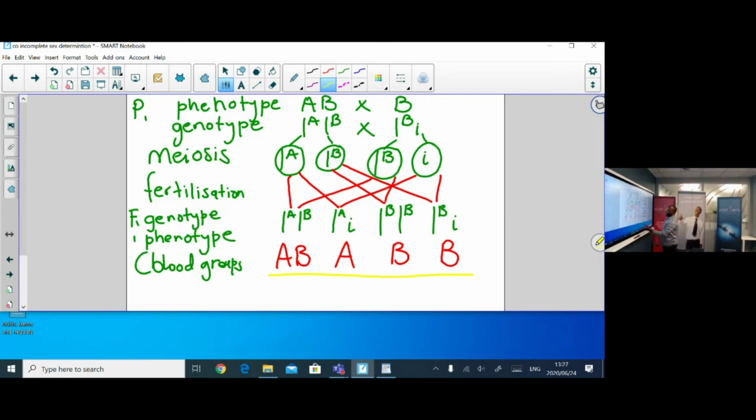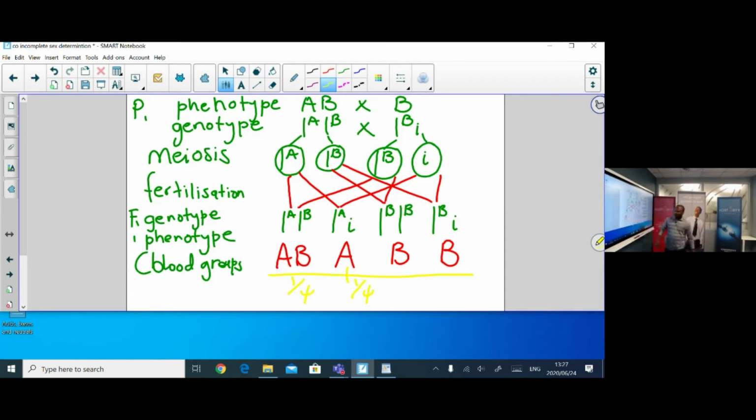So the chance of getting an AB is 1 out of 4, because that's all AB. Of getting A, it's 1 out of 4.